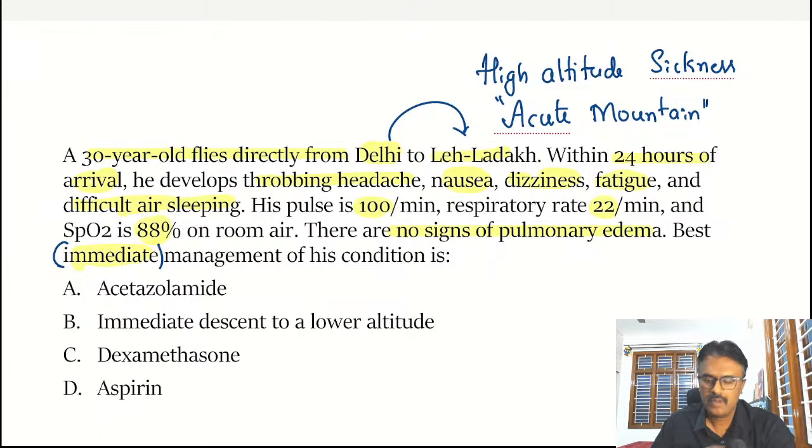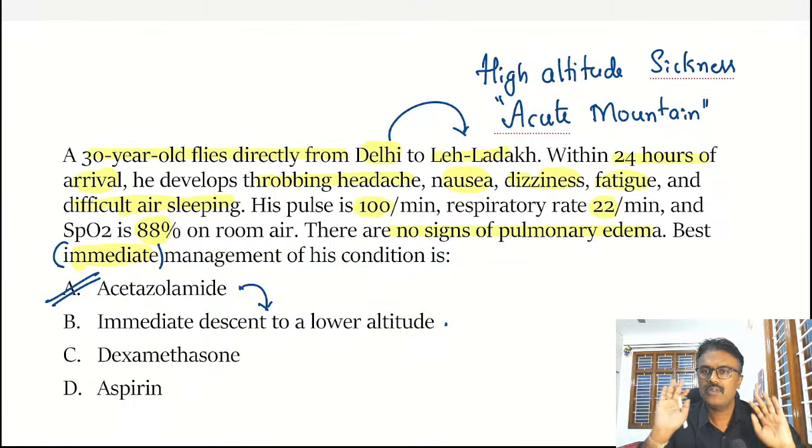Will you immediately bring him down, or first give whatever is available? I would give whatever is immediately available at that place, Leh Ladakh, so I would give the medicine immediately. If it doesn't become all right with that, then I will go for immediate descent. Immediate descent doesn't mean you just take him to the top of the mountain and throw him down. The helicopter should come, pick him up, and then he has to go down, which takes time.